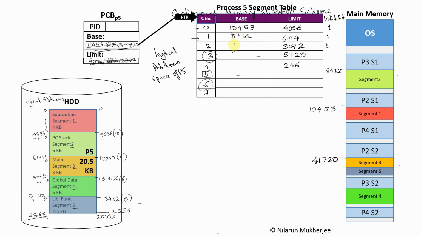So this is our segment 3, 41720. Now segment 5 starts from 41720 plus the size of segment 3, 3 KB, 3072. So it will start from 41720 plus 3072.